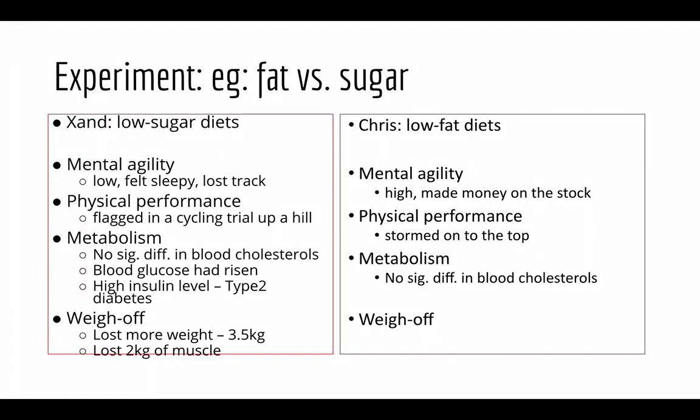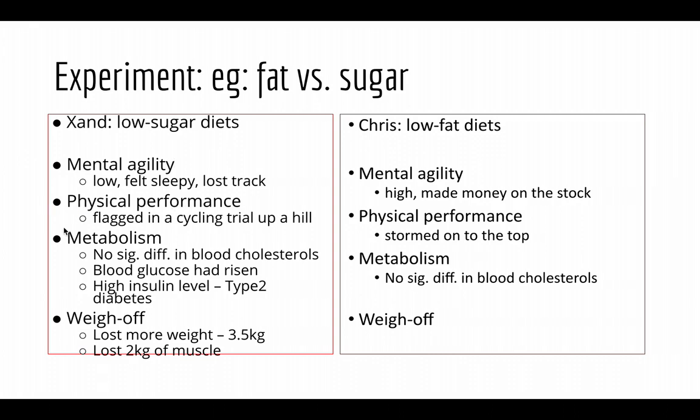So let's look at the left column. This is Xand's outcome, right? So remember, Xand relied on a low sugar, low carb diet, while Chris on a low fat diet. So this basically means he ate meat for breakfast, lunch, and dinner, things like that, right? So mental agility is low, feels sleepy, lost track, all right?